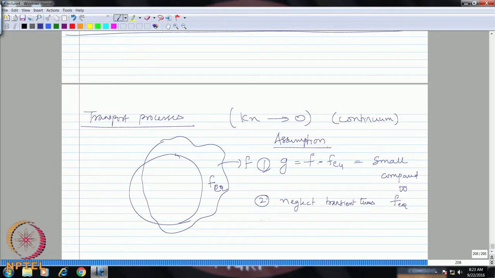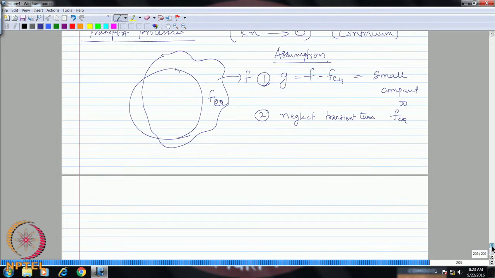Okay. So, this is another important condition. So, now if you introduce this distribution g equal to f minus f equilibrium and you substitute it in place of f, okay, you go back to your BTE. So, rewrite your BTE now in terms of g and f equilibrium.